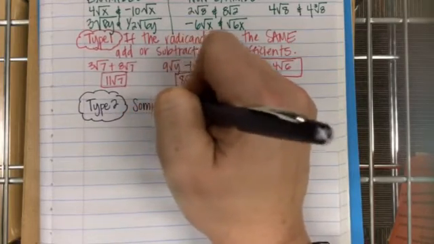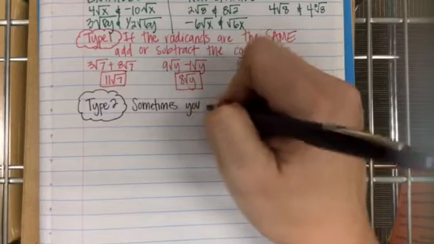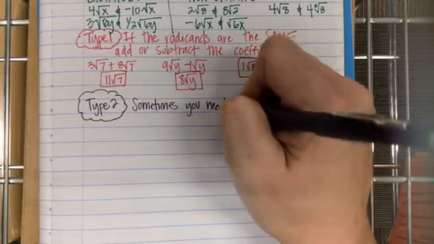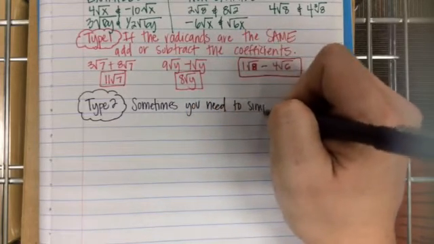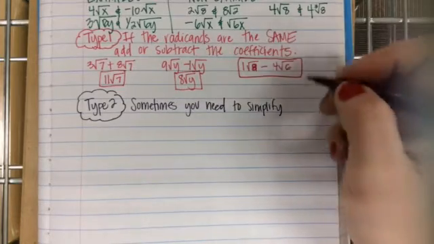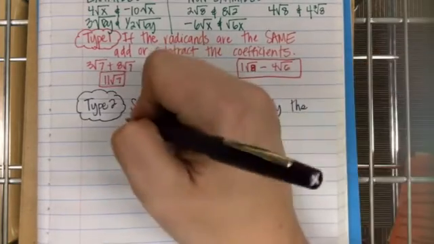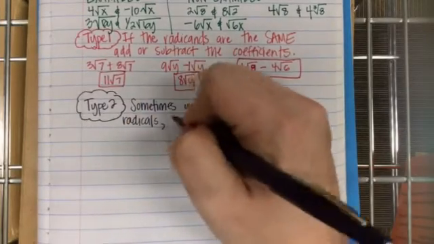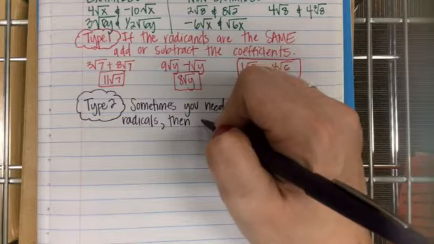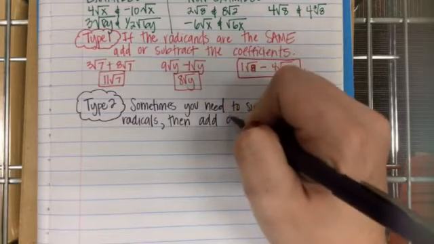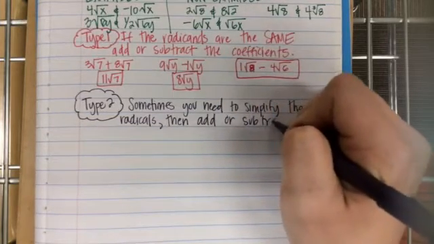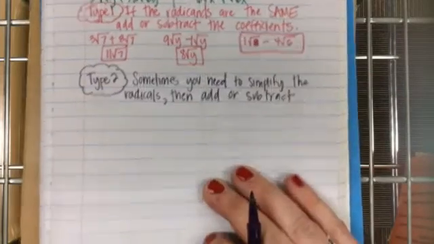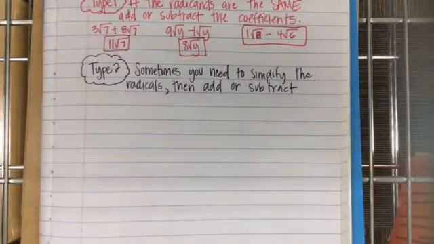So sometimes you need to simplify the radicals, then add or subtract. So sometimes you have to simplify first. In fact, most of the time you have to simplify first.